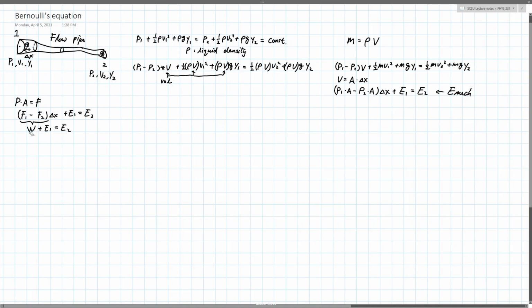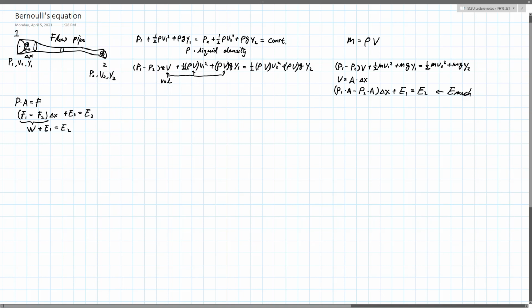So the final mechanical energy is the initial mechanical energy plus the work done by the differential pressure of the liquid. If the liquid doesn't change pressure along the entire tube, then there's no work done on the liquid. So E1 will be equal to E2, and the liquid just flows like free fall.